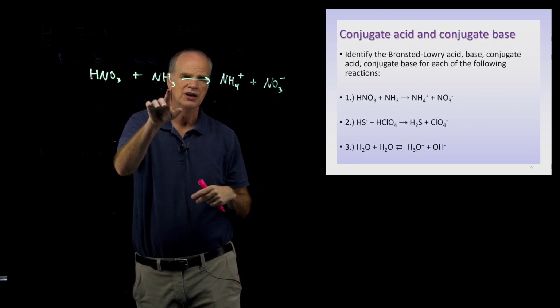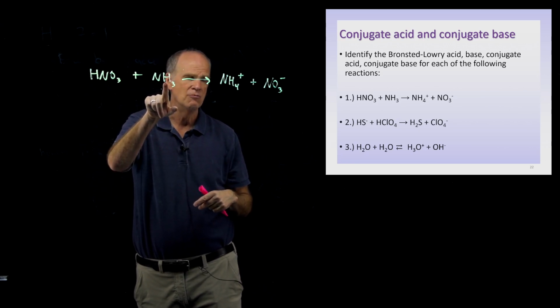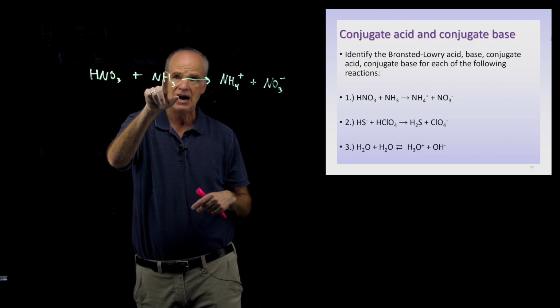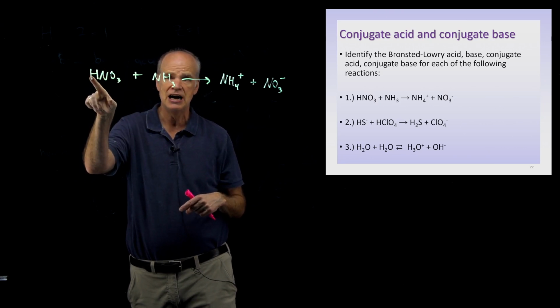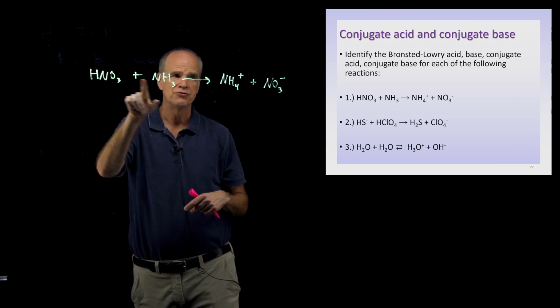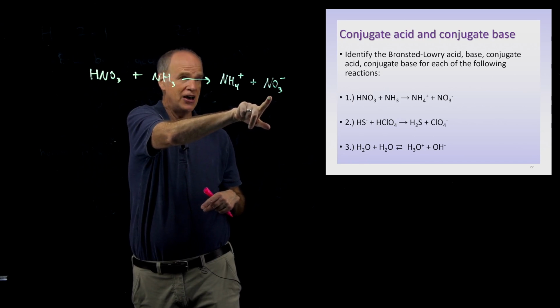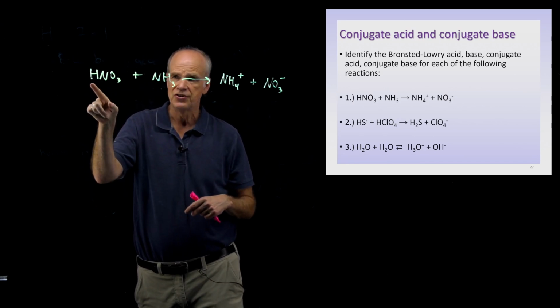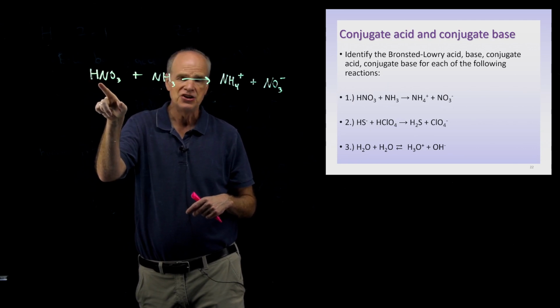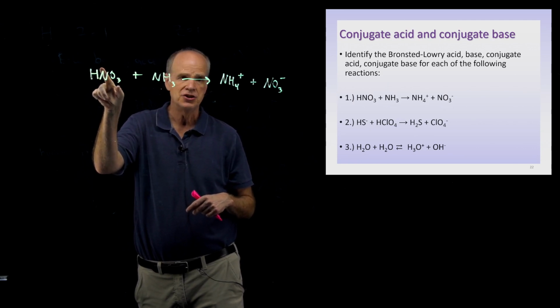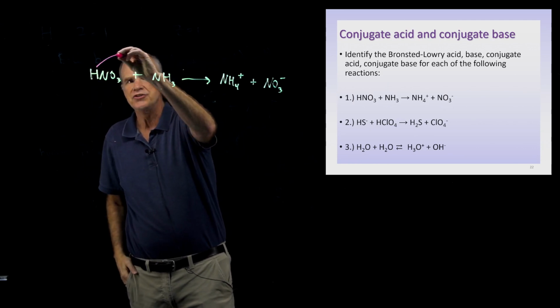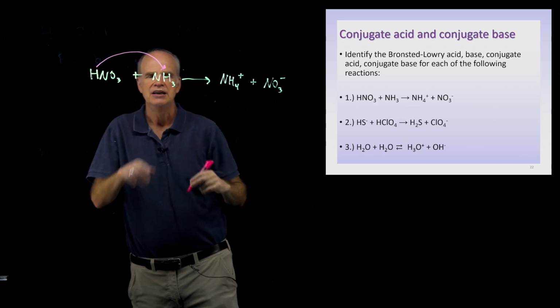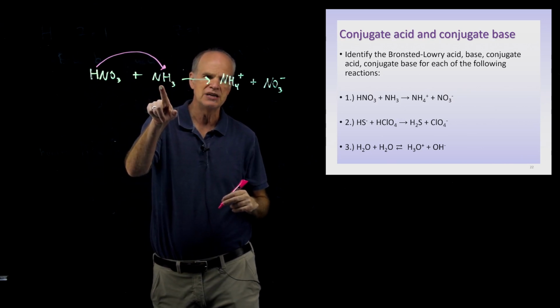So here's the question. Is it that ammonia, NH3, is losing one of its hydrogen ions and it's sticking on to HNO3 to form H2NO3? Is that what's going on? Doesn't look like it. It looks like rather what's happening here is that HNO3 is losing this H, this hydrogen ion, and this hydrogen ion is sticking on to NH3.